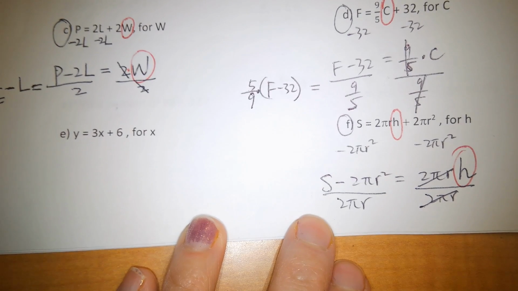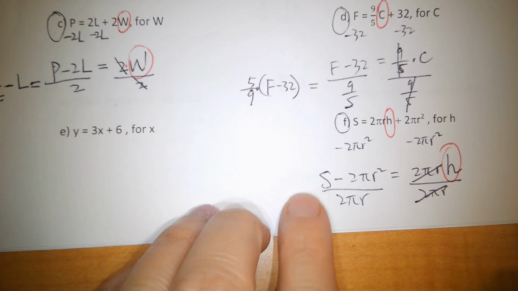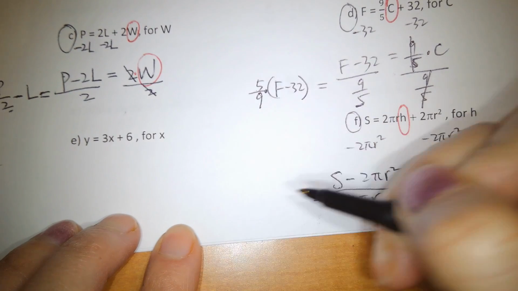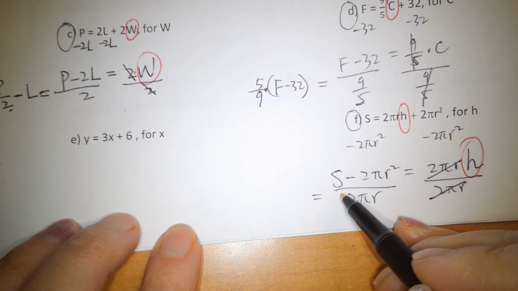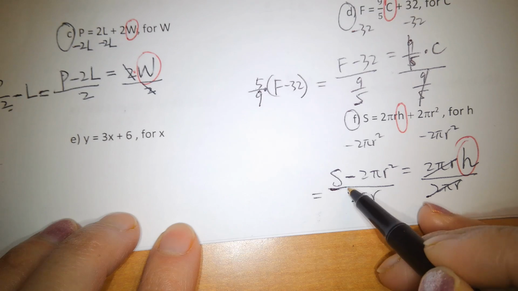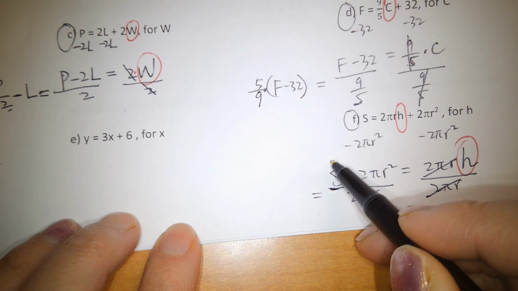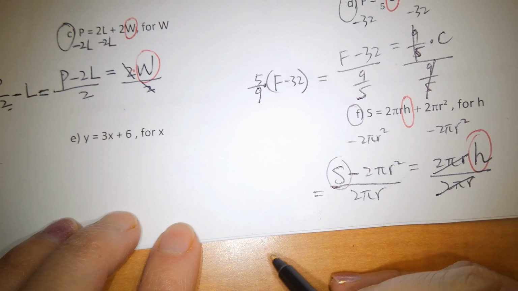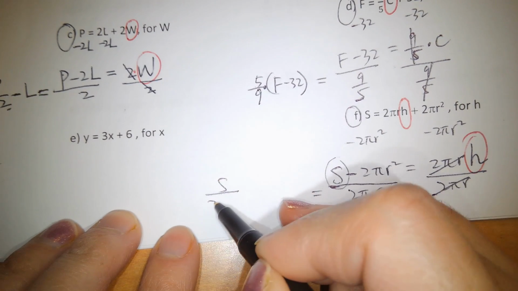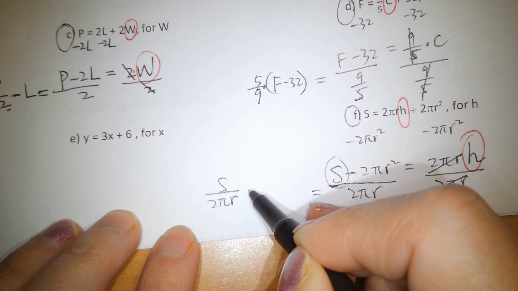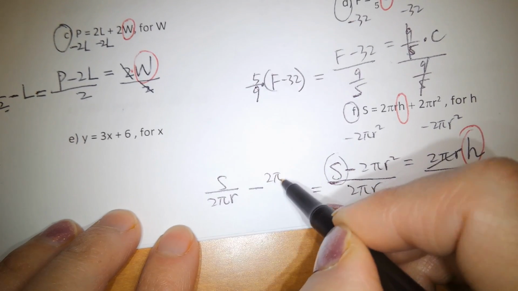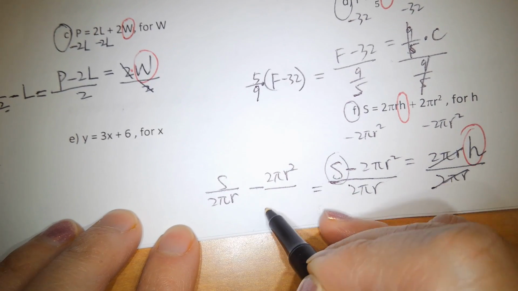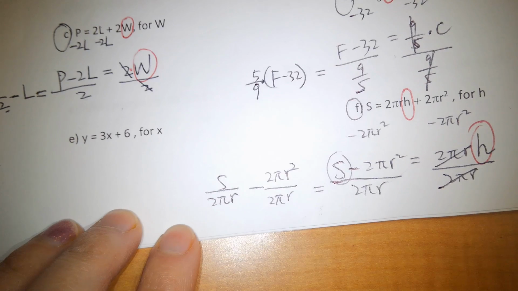Cameron? Can you also simplify that too, so it will be S minus pi r squared then? We want to simplify that. This is subtraction, right? So we let each of these divide by the 2 pi r. So if we want to keep on simplifying, it should be S divided by 2 pi r minus 2 pi r squared divided by 2 pi r, right?